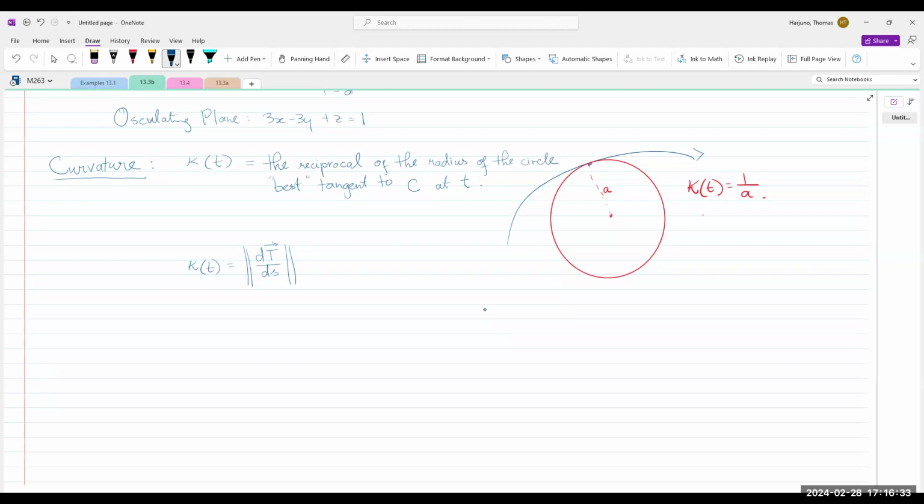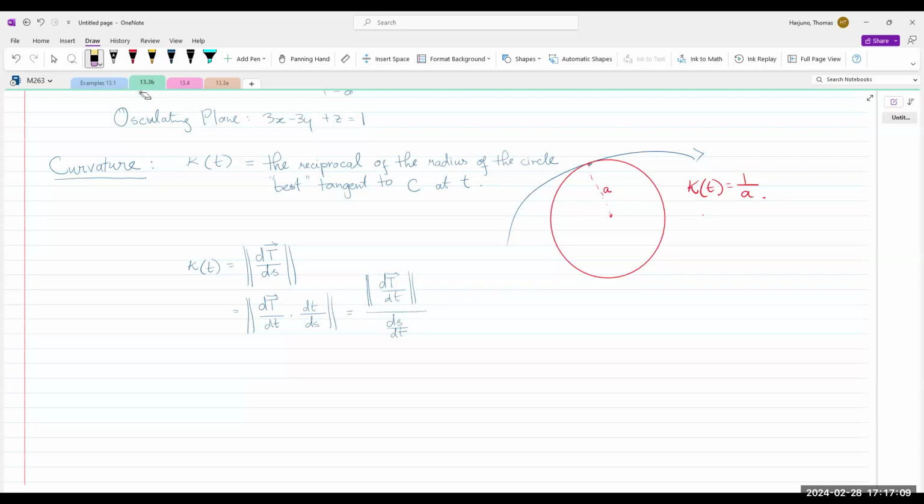One way is to apply the chain rule, where we rewrite dT/ds as dT/dt times dt/ds. That is basically the chain rule, which we can split to be the length of the derivative of the unit tangent vector with respect to time, divided by ds/dt.